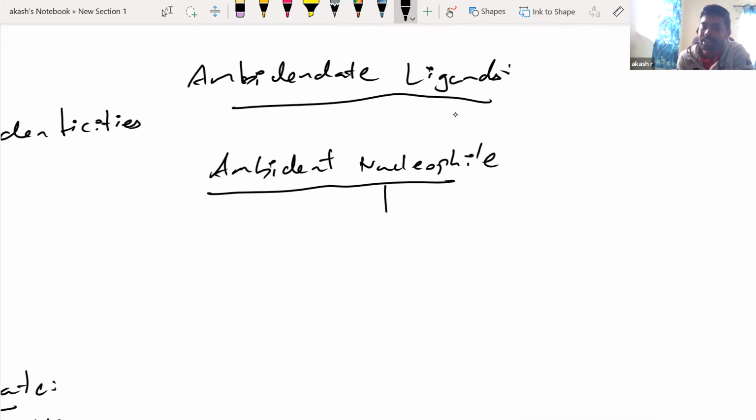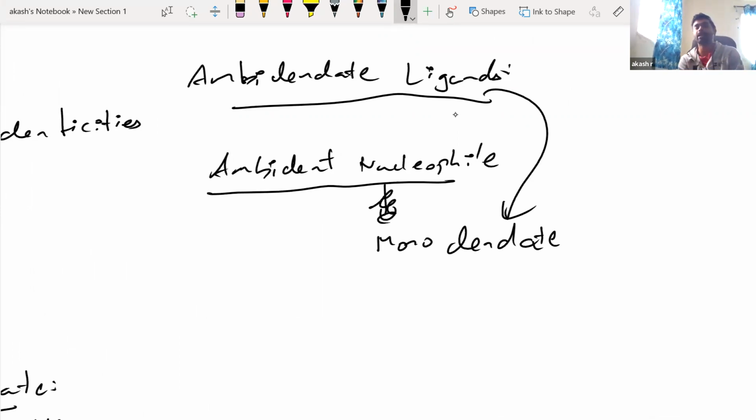Ambidentate ligands are always going to be monodentate ligands only. I'm so sorry, not ambidentate nucleophiles: ambidentate ligands are obviously going to be only monodentate ligands. But still, they will have two donor sites, or more than one donor site in general.